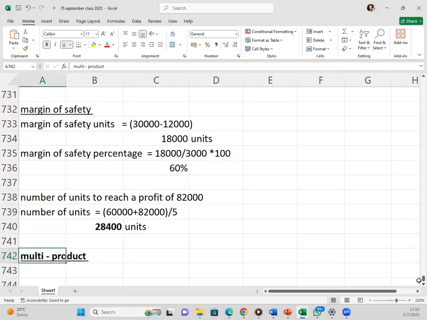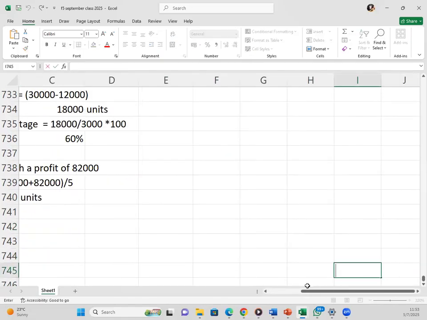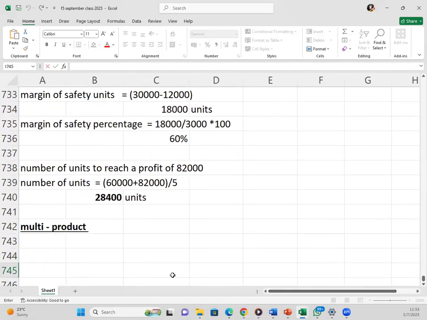So let's have an example again for a multi-product environment. KD Limited sells 2 products, X and Y.